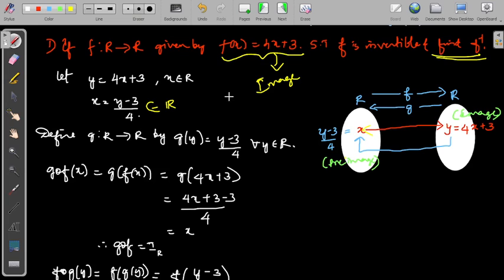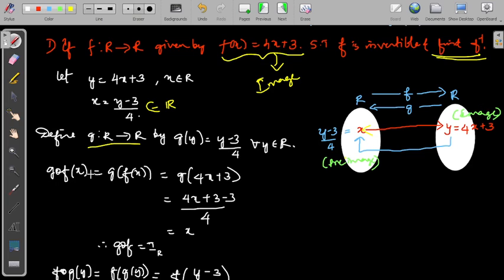That is, in the reverse way we are defining a function. So define a function g from R to R given by g of y equal to y minus 3 divided by 4, for all elements y belonging to the codomain R.